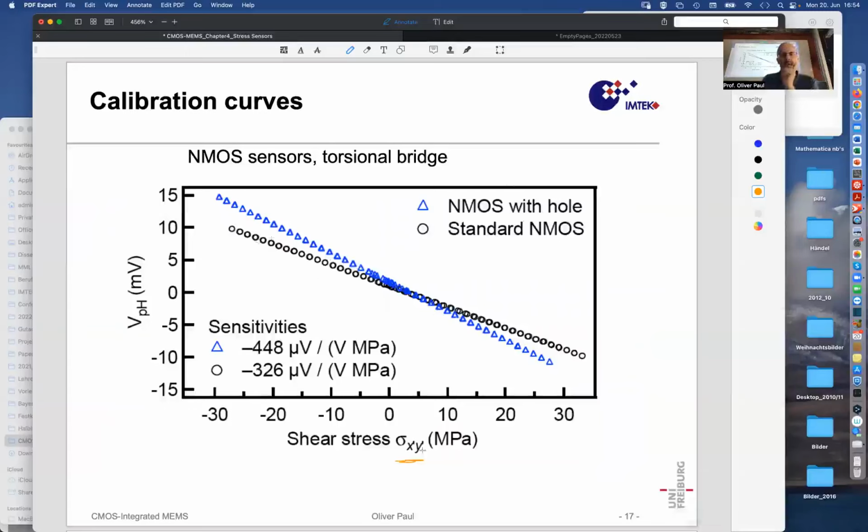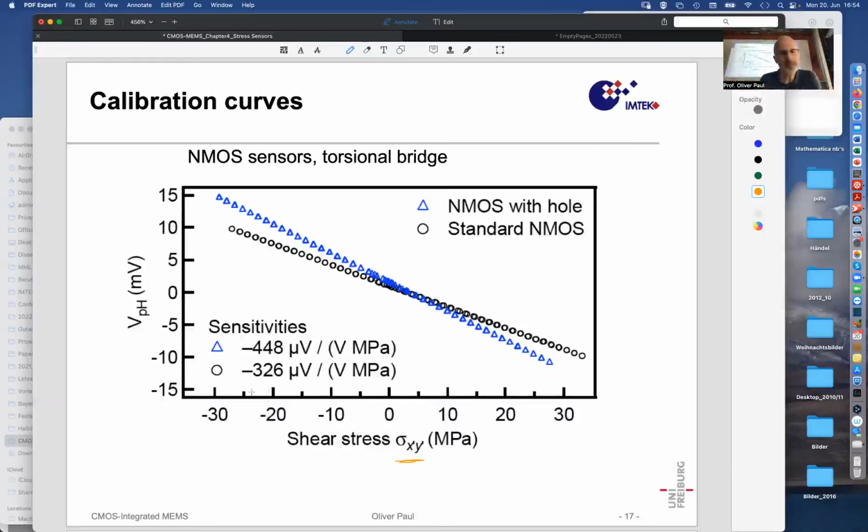And they react to this shear stress, sigma x prime y prime, as promised. And actually the one with the hole does more so than the one without a hole. So it's a better stress sensor. The Wheatstone bridge is the best stress sensor. There's no doubt about that.